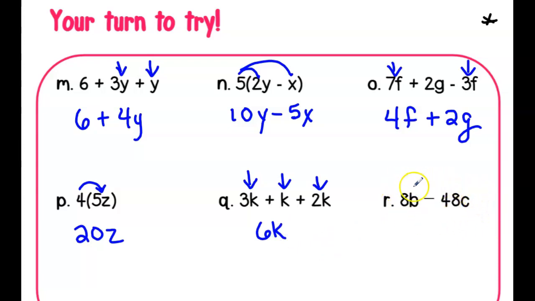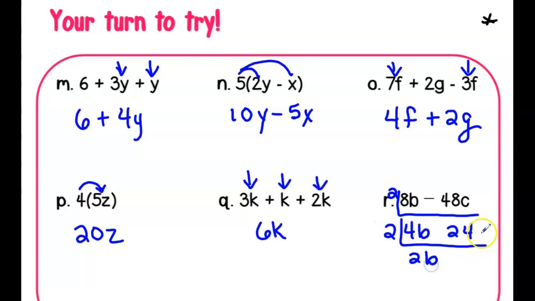And in this last example, we are looking to factor. So I'm going to divide by 2. 48 divided by 2 gives me 24. I'm going to divide by 2 again. Make sure I keep that variable.